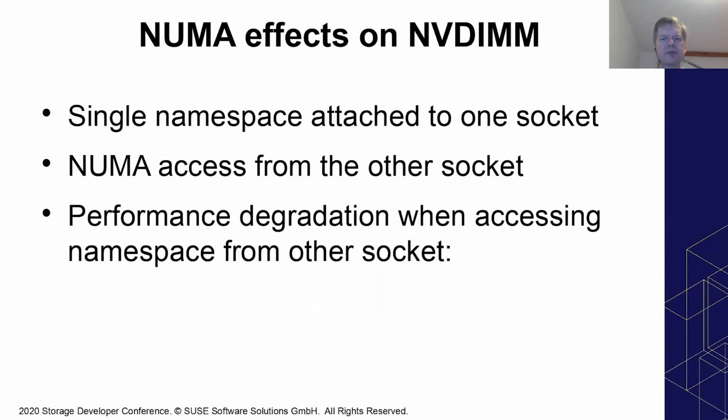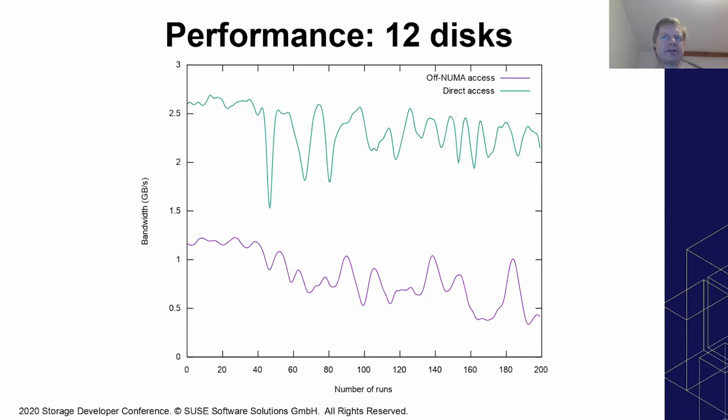To elaborate on this, I ran a test using the 12 disk setup, but restricting the run, once only to CPUs on the socket connected to the NV-DIMMs, and the second time to those CPUs running on the other socket.